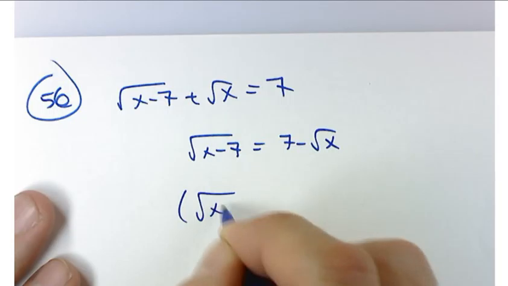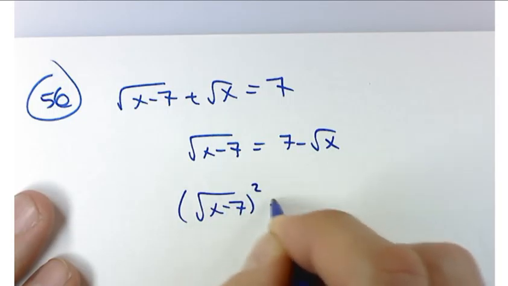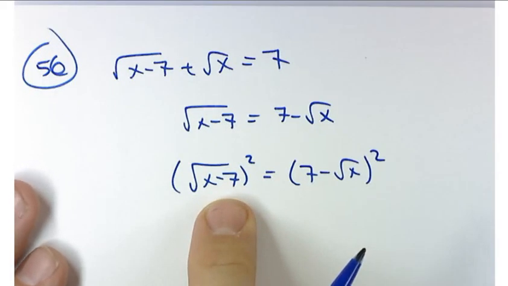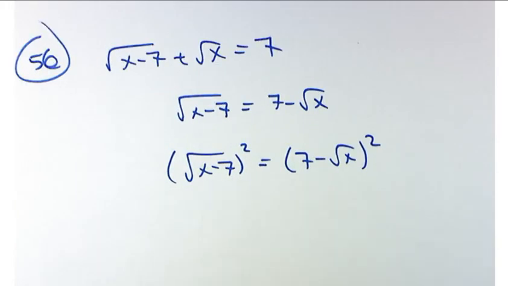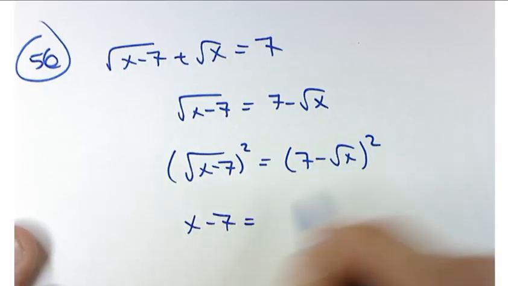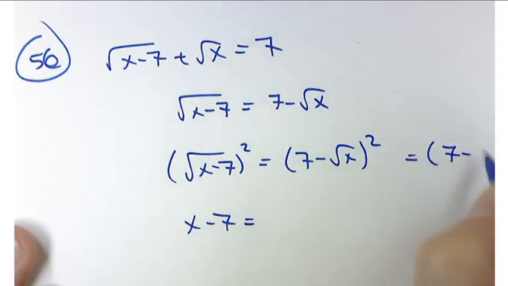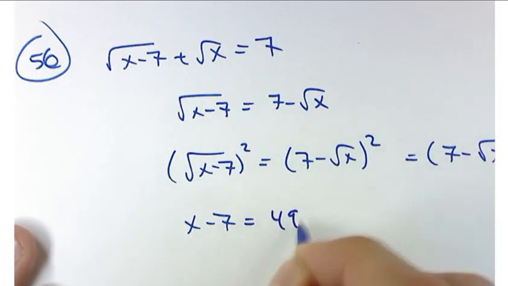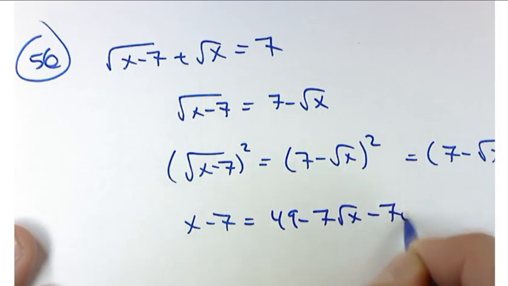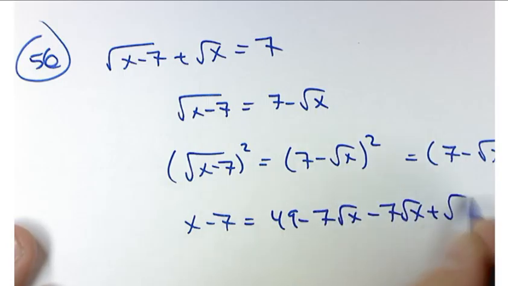and then I can square both sides. But when I square both sides, I'm not going to completely get rid of the radicals. I'll get x minus 7, and when I FOIL this out, 7 minus square root of x, I'll get 49 minus 7 square roots of x minus 7 square roots of x, again, plus square root of x squared.